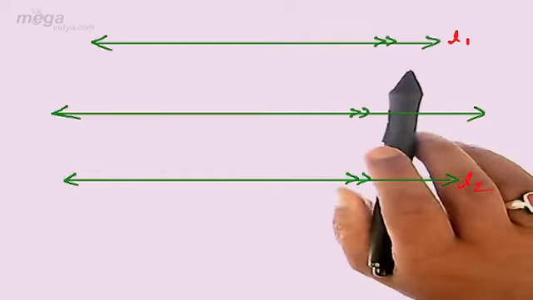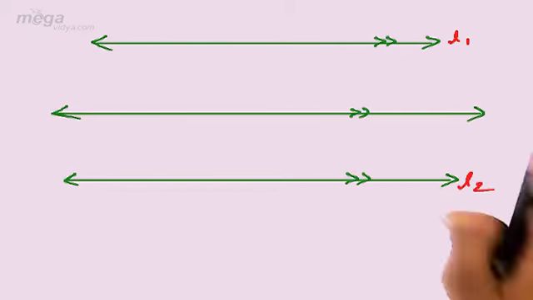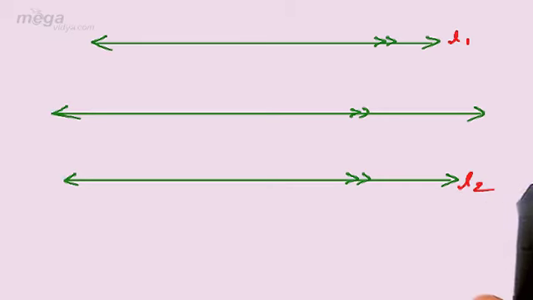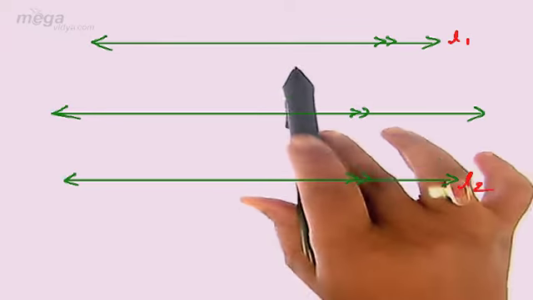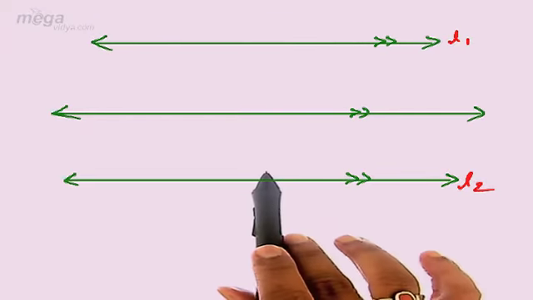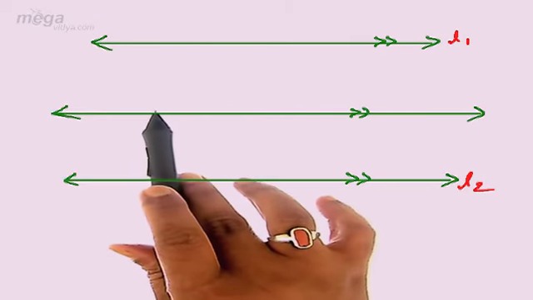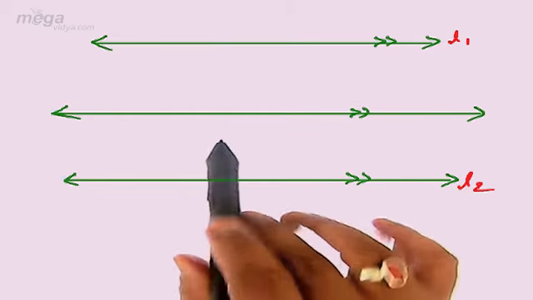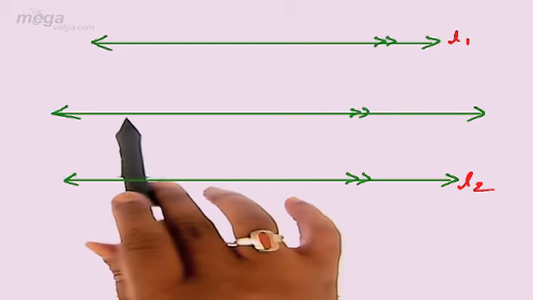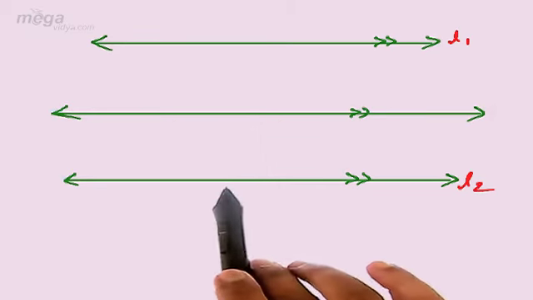These are two given lines L1 and L2 which are parallel to each other, and according to the question you have to calculate the equation of a third line which is mid parallel to these two given lines. Mid parallel means the line which is parallel to the two given lines and equidistant from them.